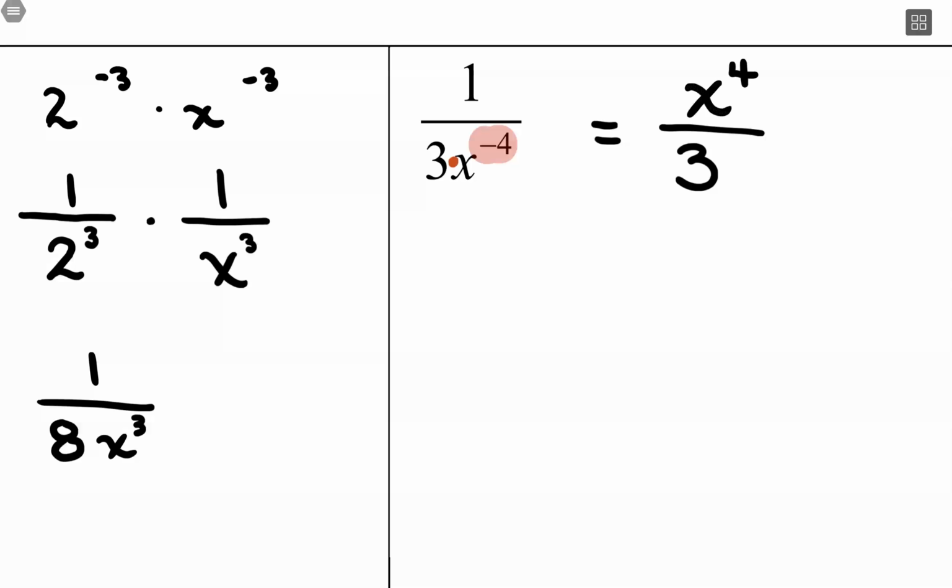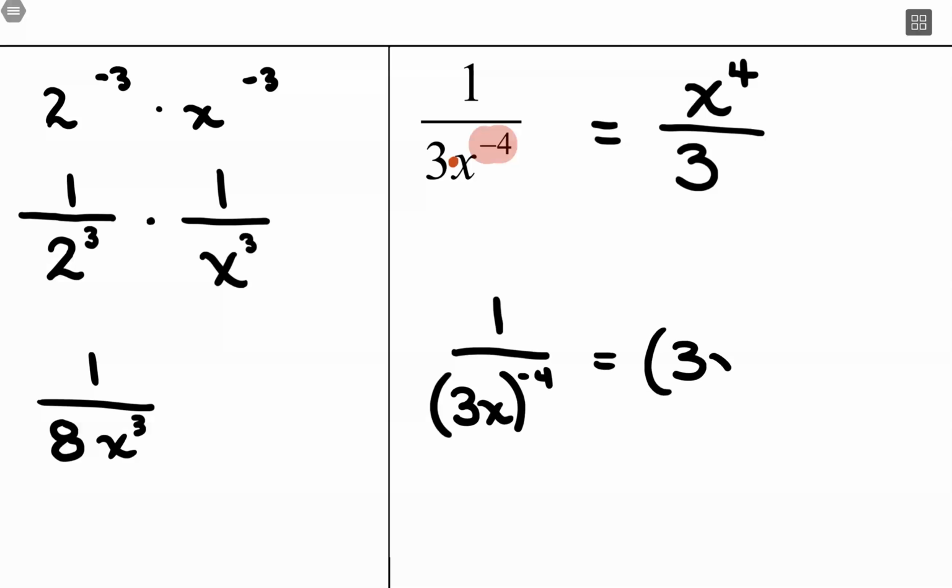So a common mistake here is that the 3 ends up traveling to the numerator as well, but that's not what happens. It's going to stay in the denominator because it doesn't have a negative exponent. Whereas if this was 1/, and then in parentheses, 3x, close parentheses to the -4th power, then everything would move to the numerator.